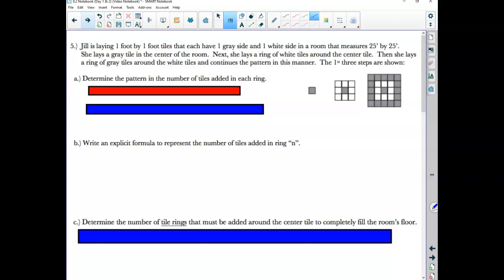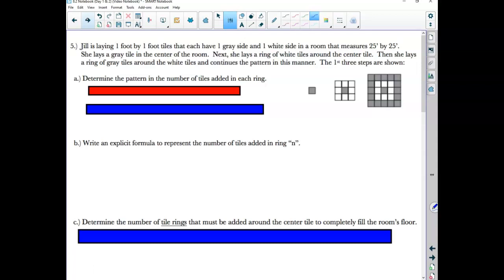Mr. Myers will as well. So basically here, we're turning to page 2 of the lesson, and Jill is laying 1 foot by 1 foot tiles that have one gray side and one white side in a room that measures 25 by 25. Okay, she lays a gray tile in the center of the room.